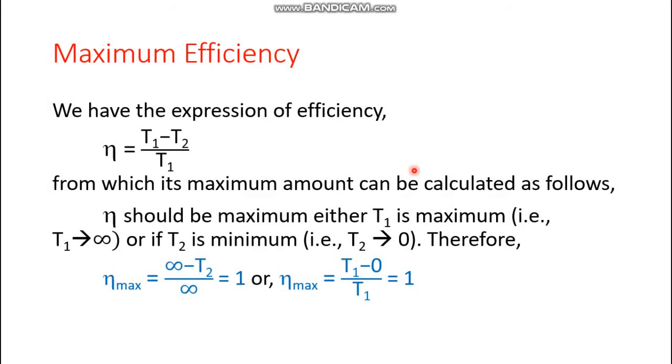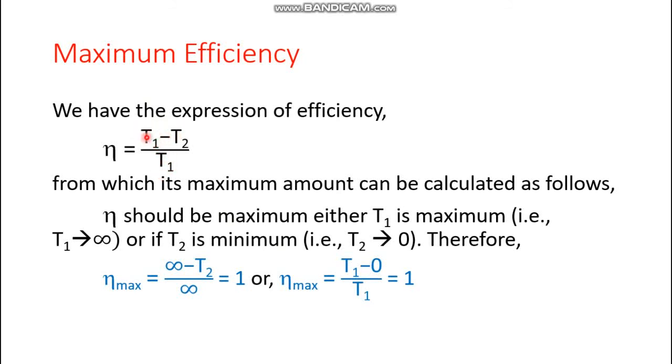Now another small thing, that is the maximum efficiency. This is a very tricky thing. This one comes as a question in your exam, that in what conditions maximum efficiency can be calculated. So we have the expression of efficiency (T1 minus T2) over T1. In order to get the maximum value of eta, that means efficiency, either T1 should be maximum, that is infinity, or T2 should be minimum.